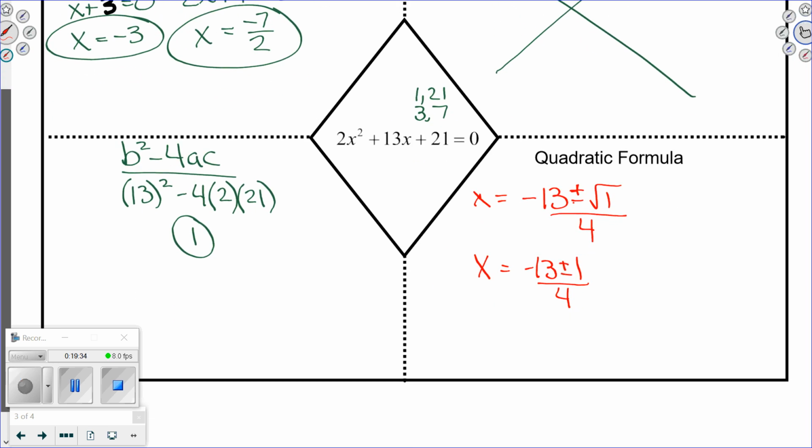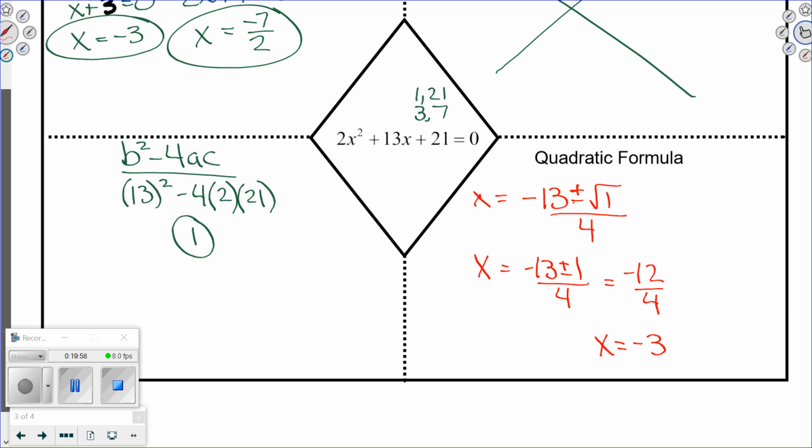Can you divide all three numbers? Nope. Do I stop? No, there's no i, there's no radical, so we need to keep going. So what is negative 13 plus 1? It's negative 12 over 4, which gives you negative 12 divided by 4. Negative 3.